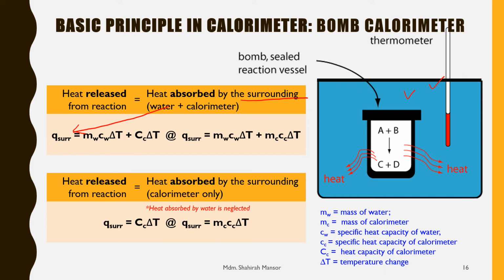So the formula for the Q surrounding will be capital C times delta T ataupun MCCC delta T. This is heat capacity of calorimeter. Formula yang ni juga you boleh gunakan sekiranya soalan bagi tentang mass of calorimeter dan juga specific heat capacity of calorimeter. So this is the first option, iaitu water and calorimeter sebagai surrounding, dan ini option yang kedua, sekiranya calorimeter sebagai surrounding.